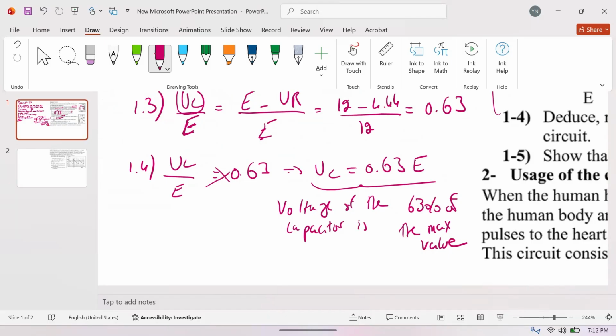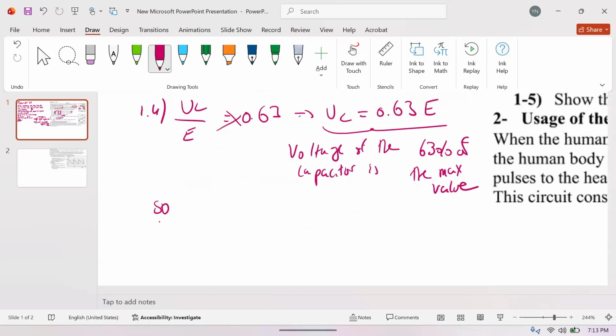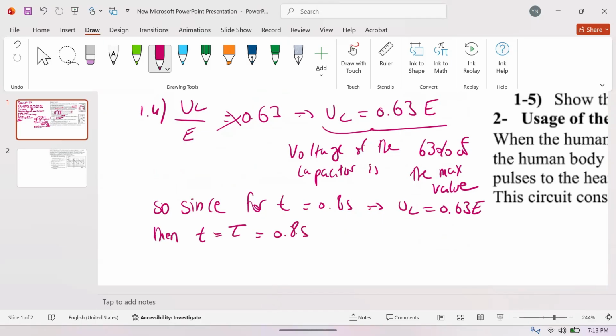No matter what the voltage is, no matter what the current is, no matter what the capacitor is, 63% should happen at the time t equals tau. So, since for t equals 0.8 seconds, UC is equal to 0.63 E, then t equals tau equals 0.8 seconds.